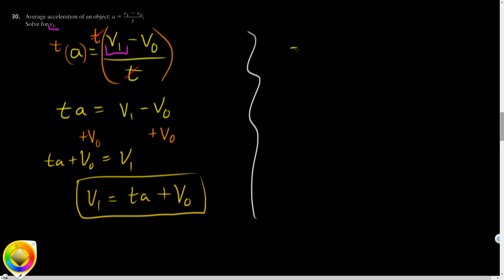Now, I did say I could have done this slightly differently. What I could have done as my first move was break up this fraction. You don't have to write this one down. This is, I think, a less typical way I would have done it.